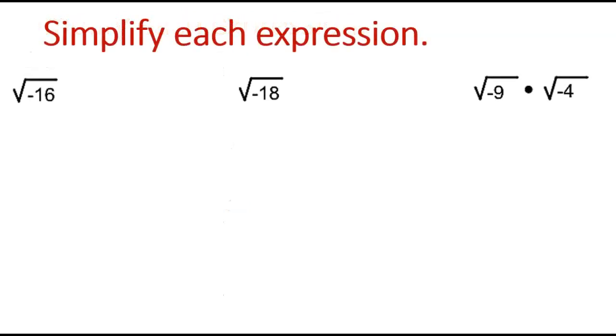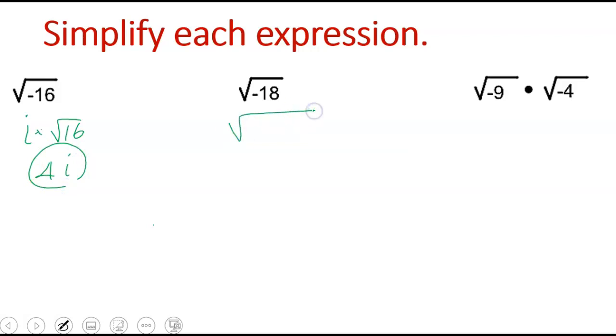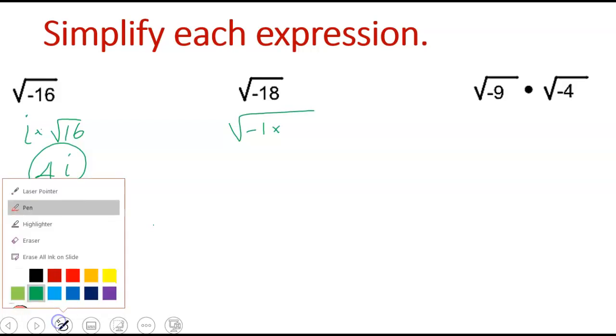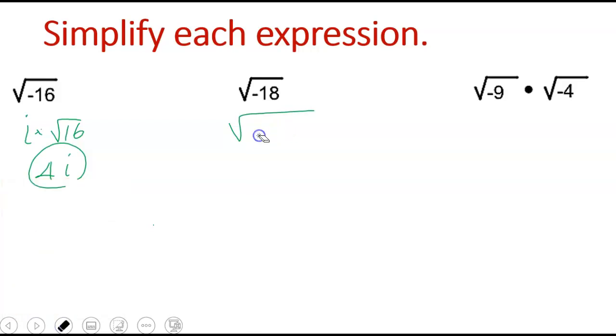Okay, so you can simplify again. This is simply i times the square root of 16, and 16 is a perfect square, which is 4, so it's simply 4i. 18 is not a perfect square, but this is going to be -1 times... let me just put -1 at the end to make it look nicer.